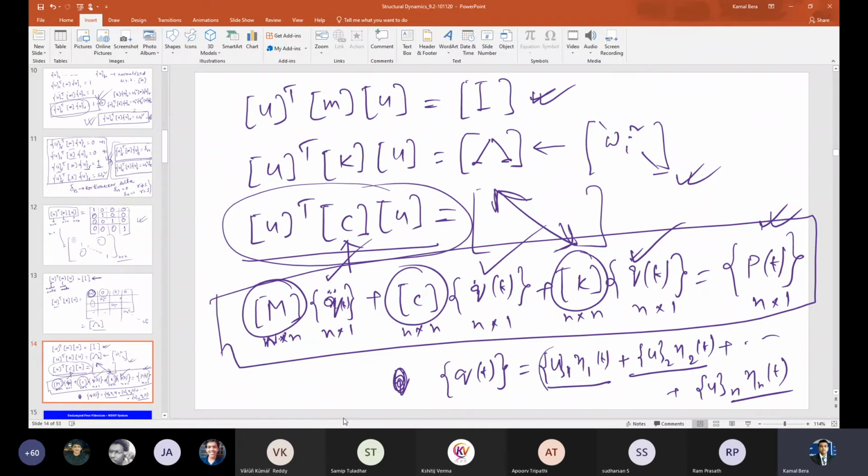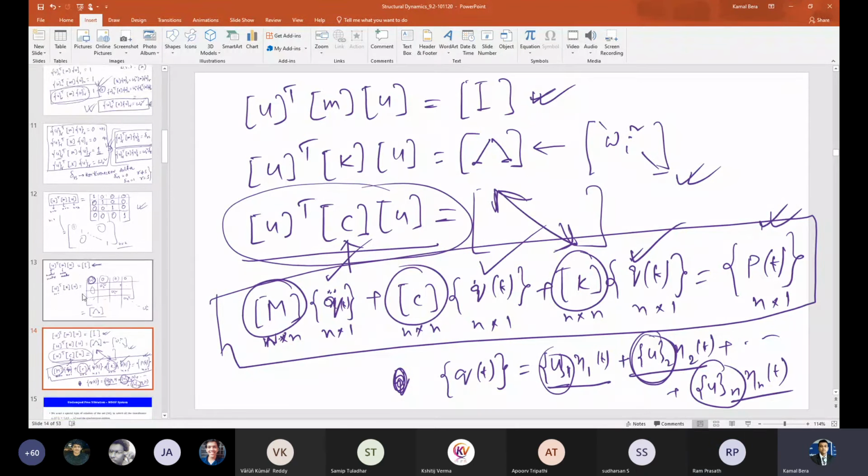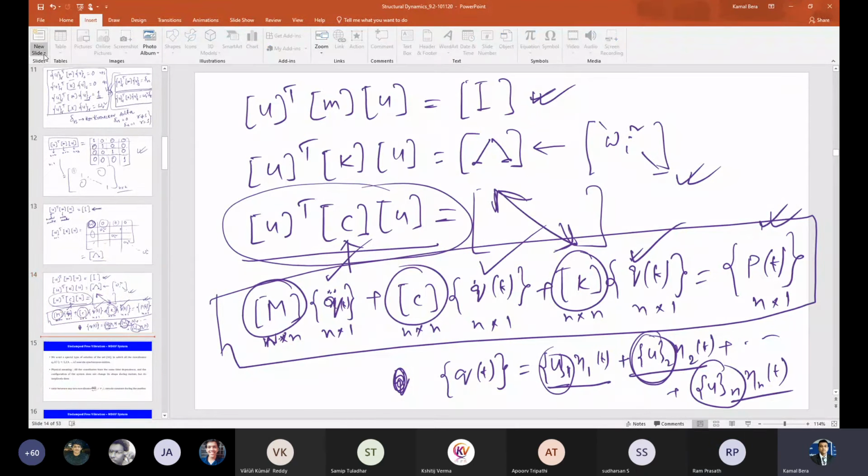U1 is the first mode shape, U2 is the second mode shape, Un is the nth mode shape. Are these known or unknown? They are known, because these are mode shapes that we have solved from the eigenvalue problem.